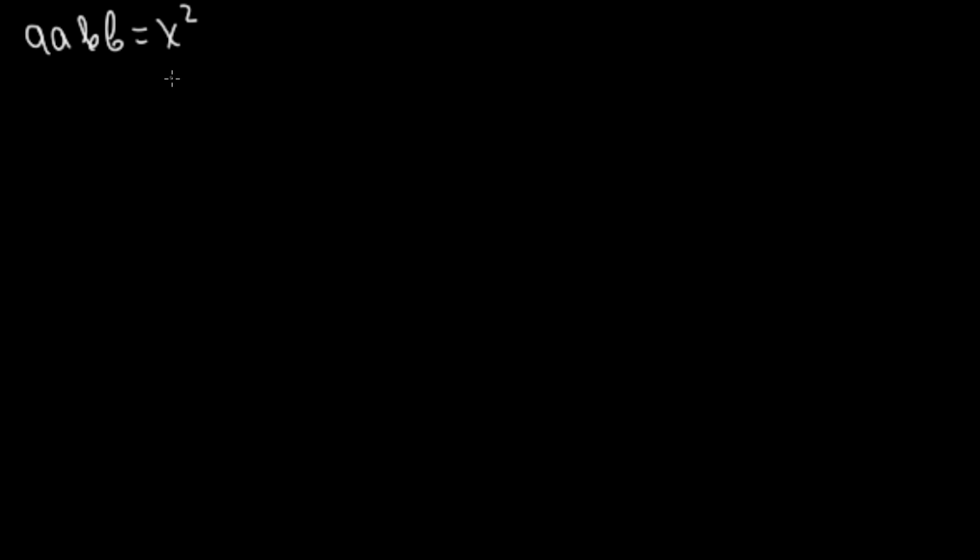If you find the natural number which, if you square it, you will get a four-digit number where the first and second digits are equal to each other, and the third and fourth are equal to each other.